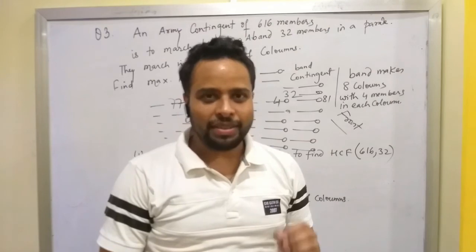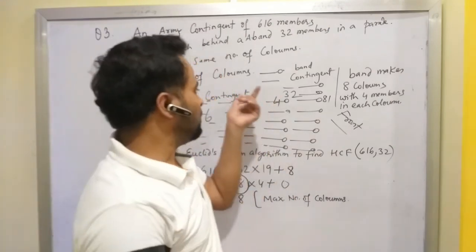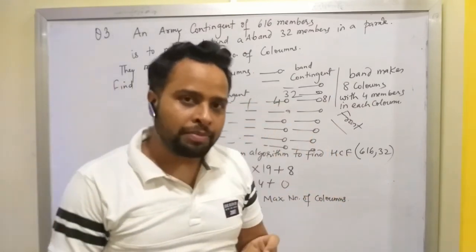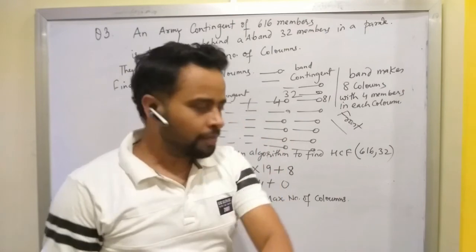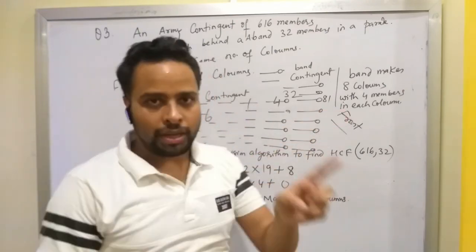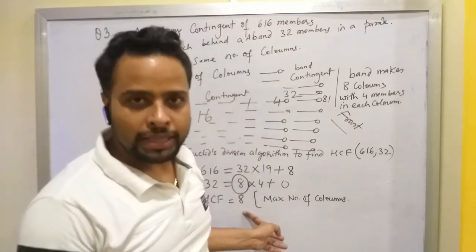So easy, isn't it? The number of contingent members in each column is 77. How many band members in each column? 4. Total 81. How many columns? 8 columns, because 8 is the HCF.